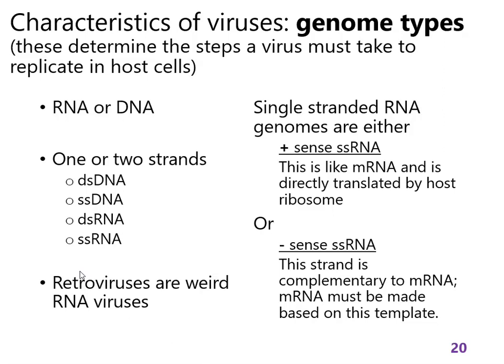For our point of view, the simplest explanation you need is that positive sense RNA is RNA that can be translated directly as it is, and minus sense RNA cannot be translated as it is. The virus must somehow make a copy of the complementary strand once it's inside the host cell. So those are the genome types.